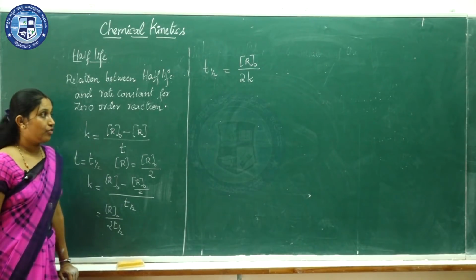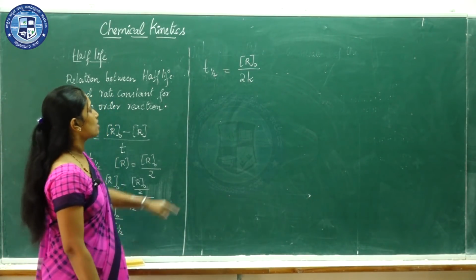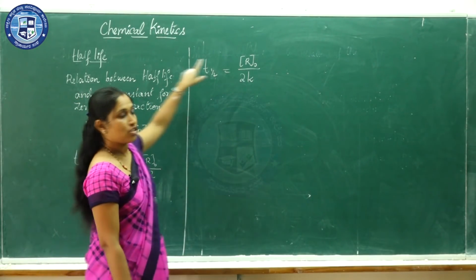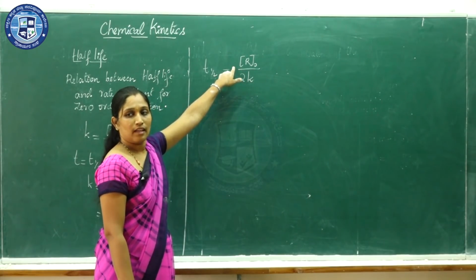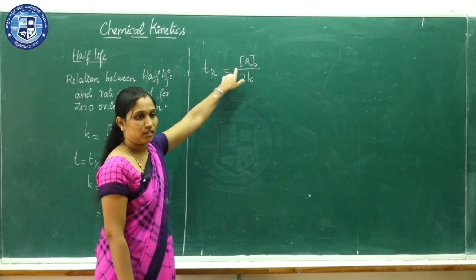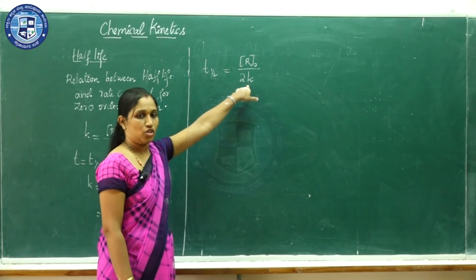So, you can infer two important things from this. What are those two important things? The half-life of a zero order reaction is directly proportional to the initial concentration of the reactant, and it is inversely proportional to the rate constant.